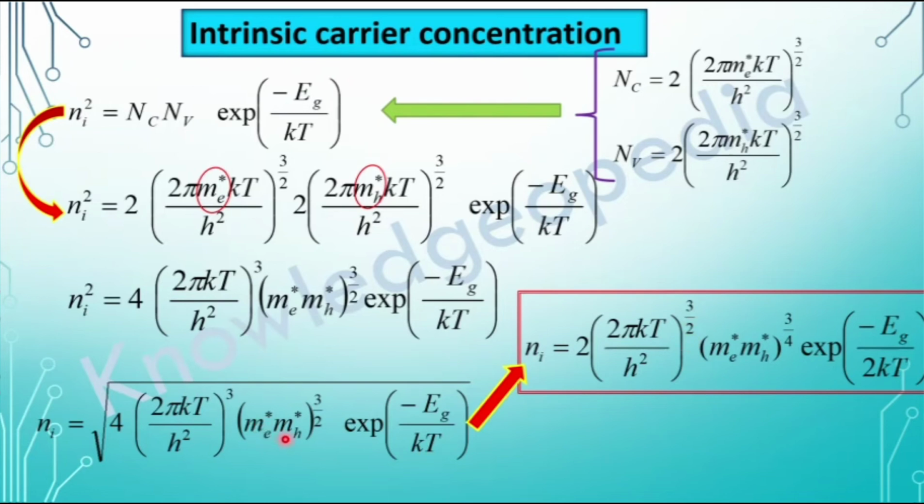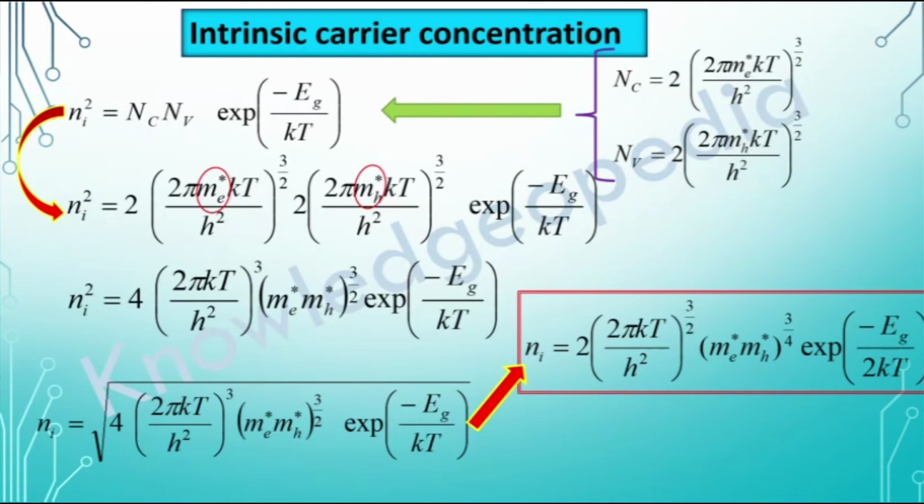Again here this m star mh star whole to the power 3 by 2 with this square root can be written as m star mh star whole to the power 3 by 4, and this exponential minus Eg by kt with this square root can be written as exponential minus Eg by 2 kt. So, this is the final expression for our intrinsic carrier concentration, and that is also same as the electron concentration and hole concentration.